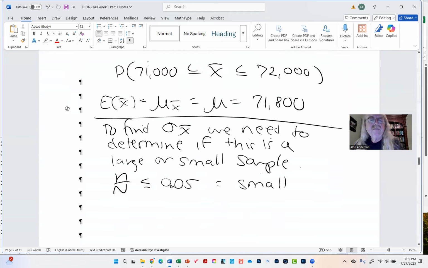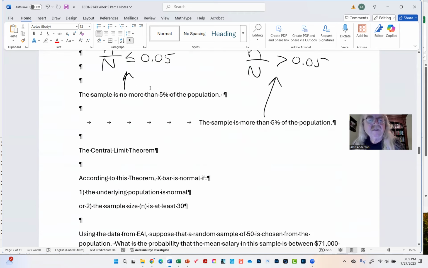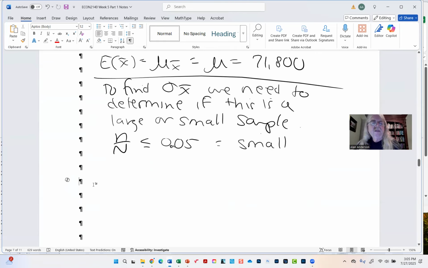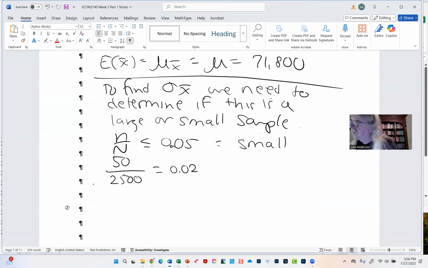Right up here somewhere. There it is. So that means what's the ratio of 50 over 2,500? That looks pretty small. 0.02, which is less than 0.05. That means this is a small sample.